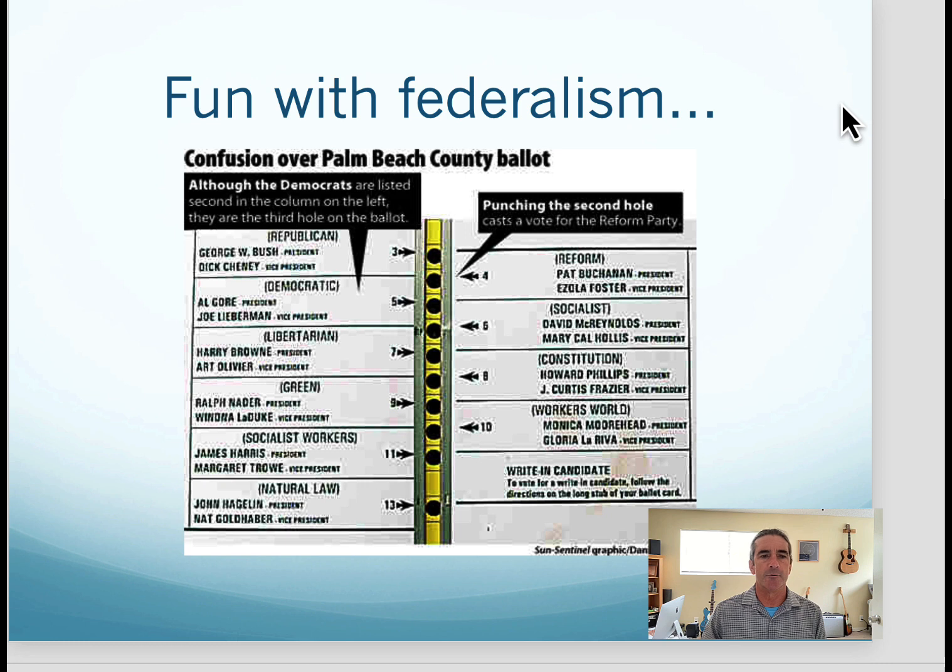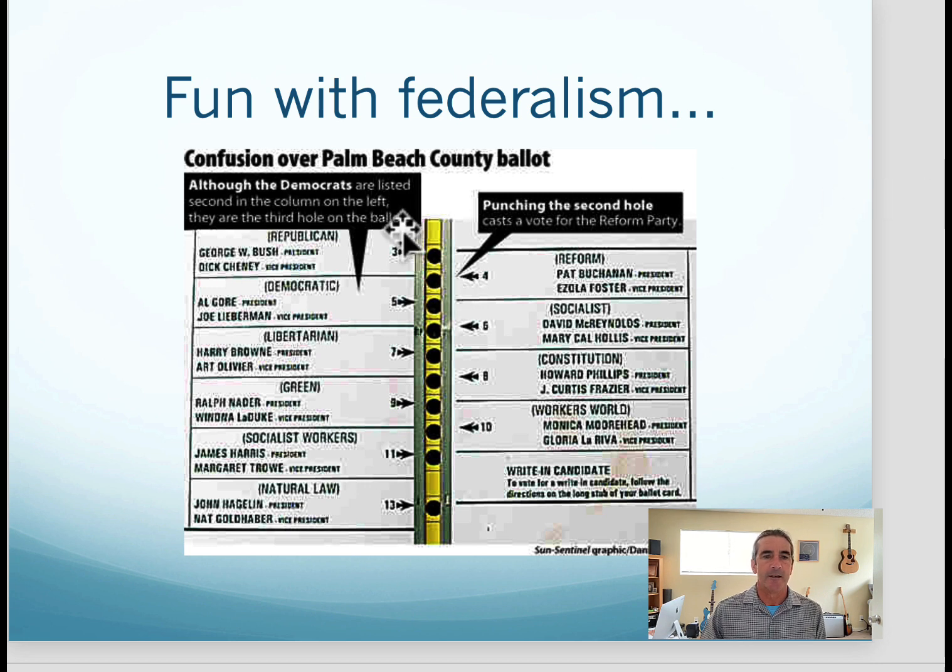So in order to vote for George Bush, you would have put your stylus in this top hole right here to vote for Bush. Al Gore, the Democratic candidate, is the second candidate listed on the ballot, and this is where the confusion started. Some people thought that if Bush is the first hole, then to vote for Gore, you must vote in the second hole.